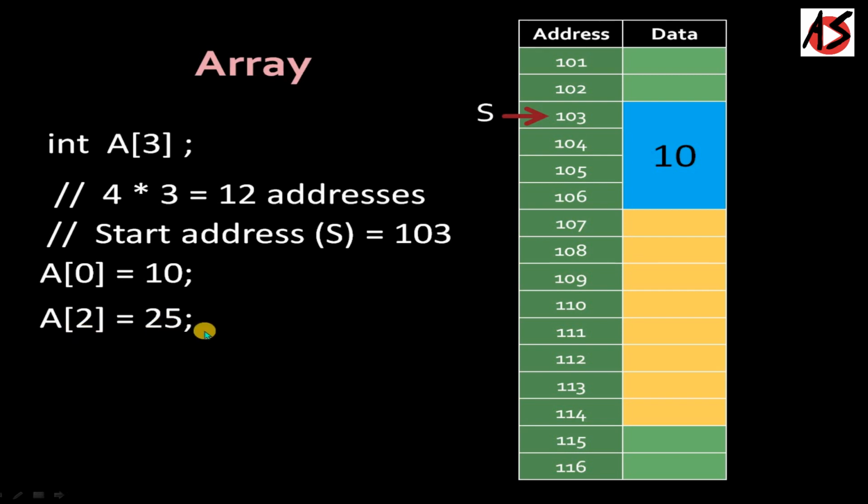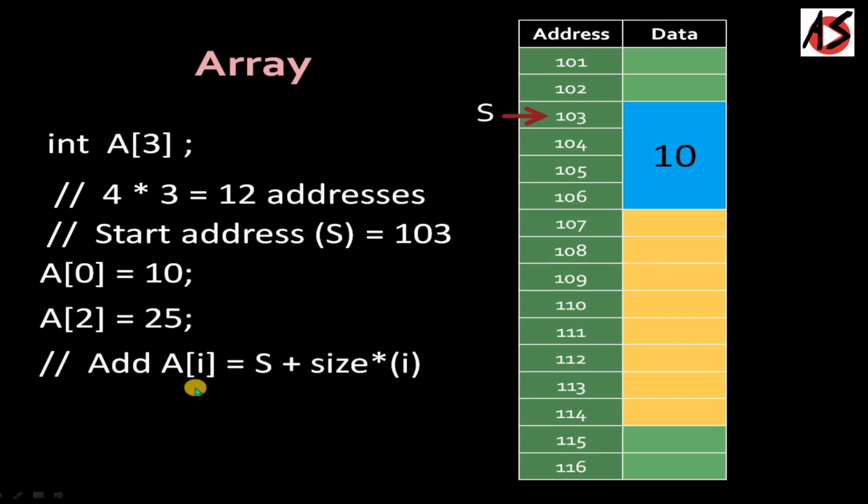The important thing is how the array calculates the address of the second place. The array uses a very simple equation: the address of any index, A[i], is the starting address plus the size of the data type multiplied by the index.